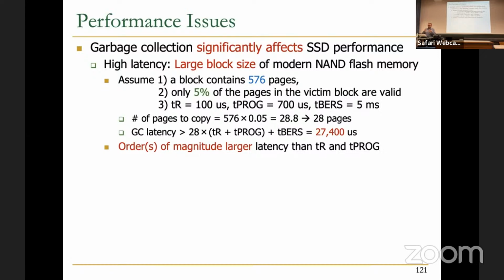You might select a block which does not have the largest number of invalid pages, but you select it because it can provide multiplane operations for you. So you have a trade-off here, because multiplane operations provide better bandwidth, but at the same time you also want to reduce the number of copies that you do. So you have two parameters to play with, but there might be some other things as well.